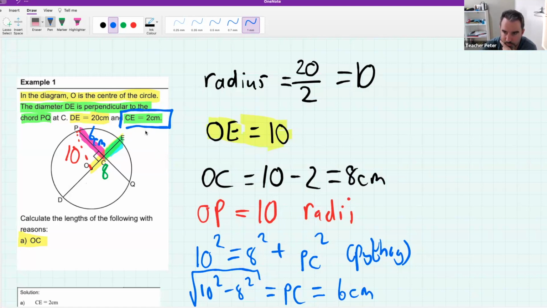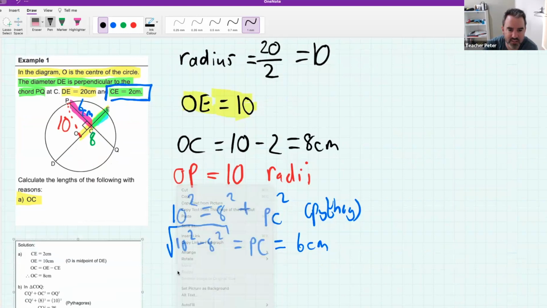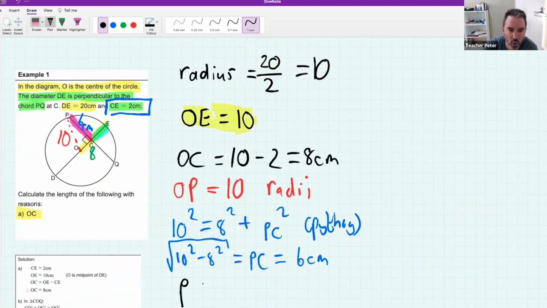Now, if I wanted to know the length of this whole thing, can you see I've got PC, but imagine I want PQ. PQ is a chord. What is the length of the chord PQ going to be?